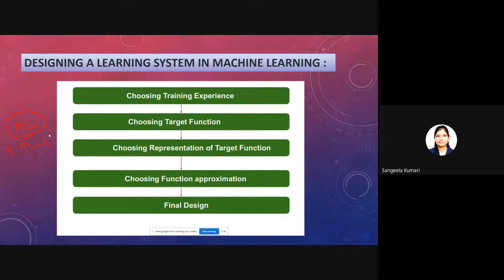And without being programmed explicitly. When I say without being programmed explicitly, what does it mean? We are providing more and more training data, and that is the meaning of experience, right? And over this experience, the efficiency, the precision, the various performance metric parameters should improve.